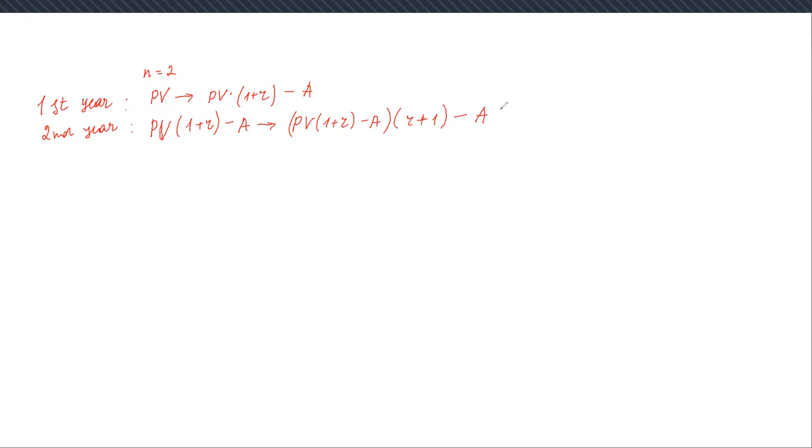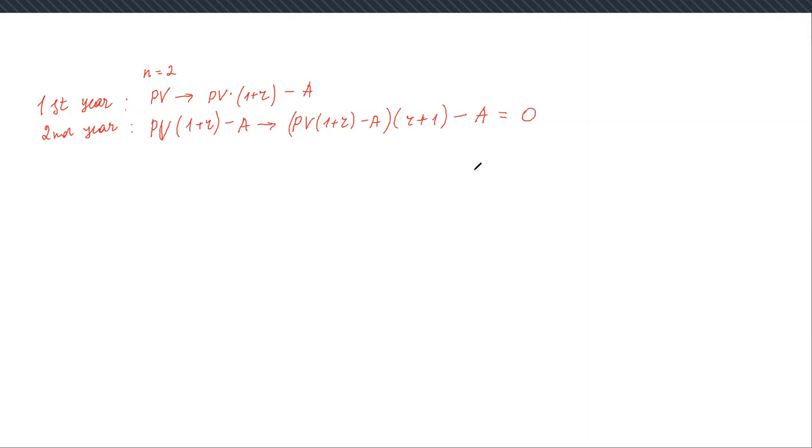But if n is 2, it is the end, because now we consider an annuity only on 2 years, so it equals 0. The third year we don't have, because n equals only 2.